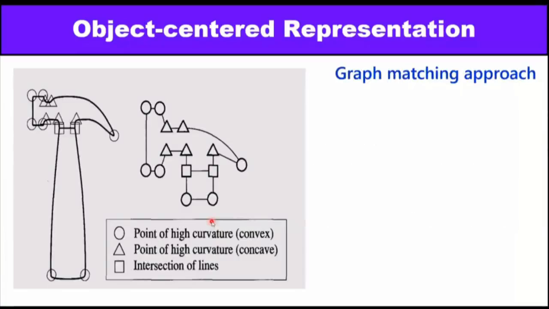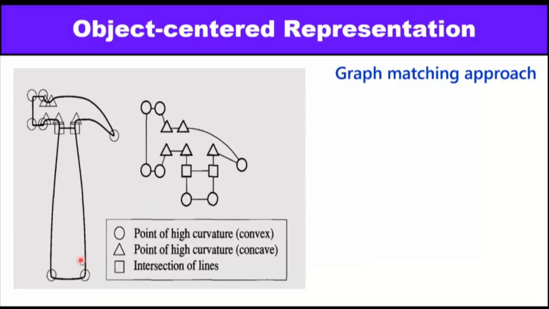Here a hammer is the object. Now our total view is on the hammer. What are the features here? How can a hammer be defined? A hammer can be defined with a particular shape.